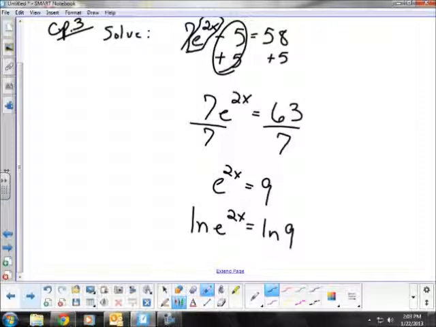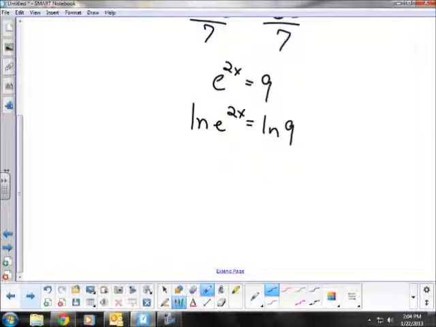You can't move the exponent. Before you start moving anything, you have to have taken the log or the ln of it. You can't use that property until you're working with the log. That property only works for logs. So we got to take the log of both sides first, and then I can move that 2x down.